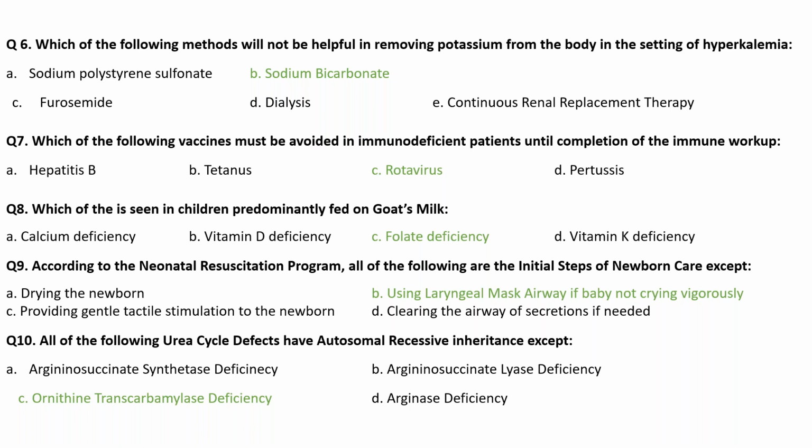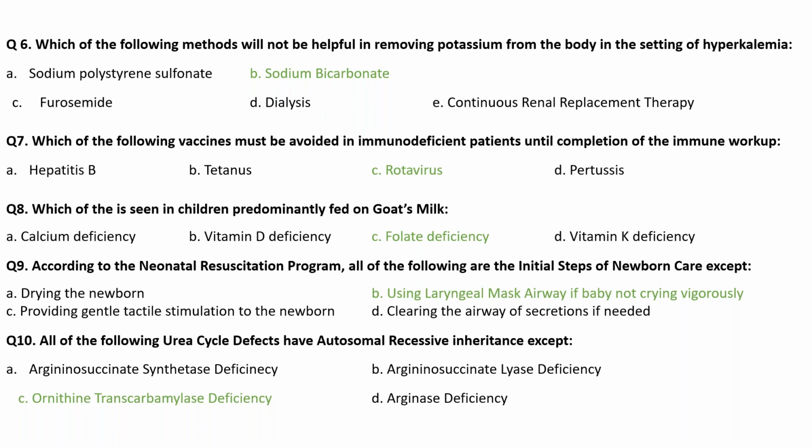Which is seen in children predominantly fed on goat's milk? Goat's milk is characteristically deficient in folate. It has higher levels of vitamin D and calcium than cow's milk, and vitamin K is also present in more or less similar amounts.